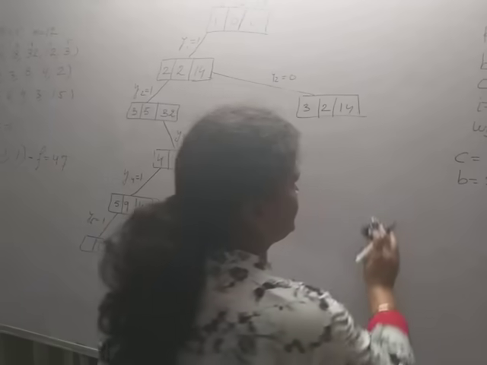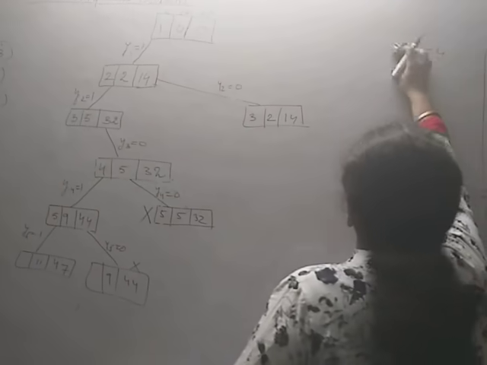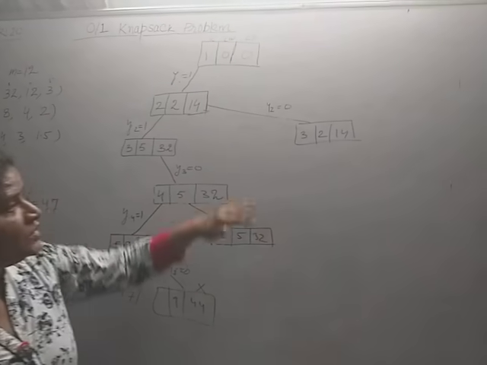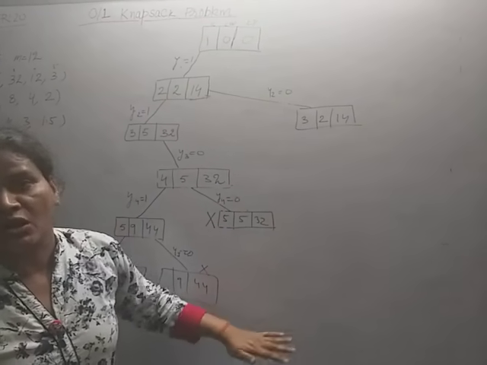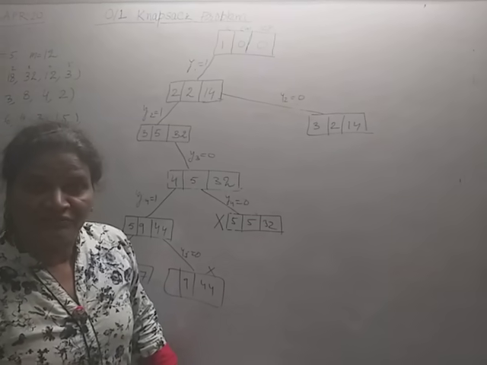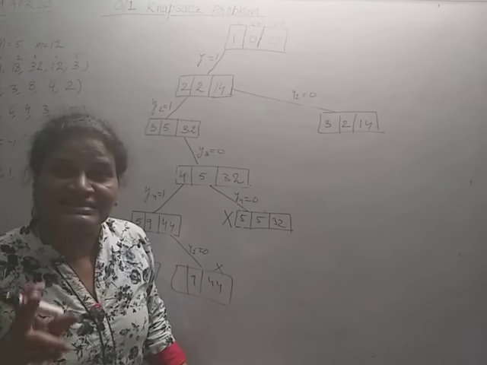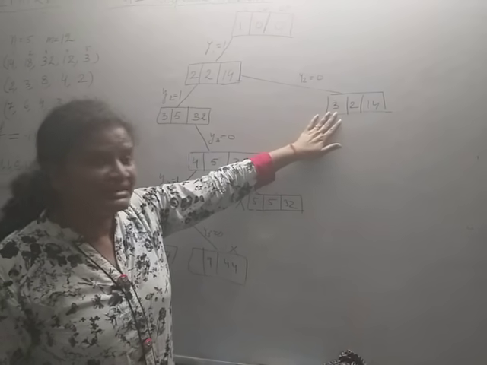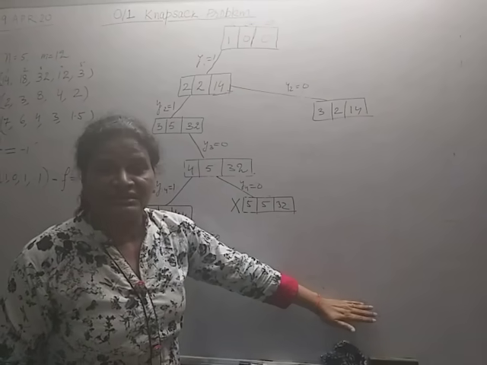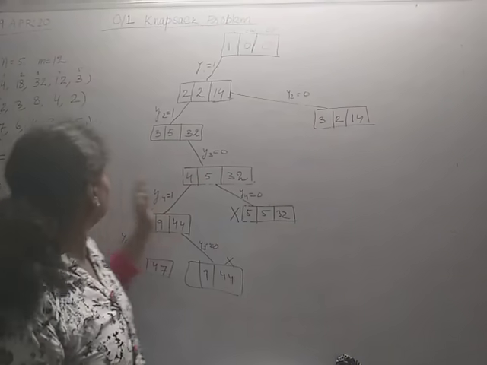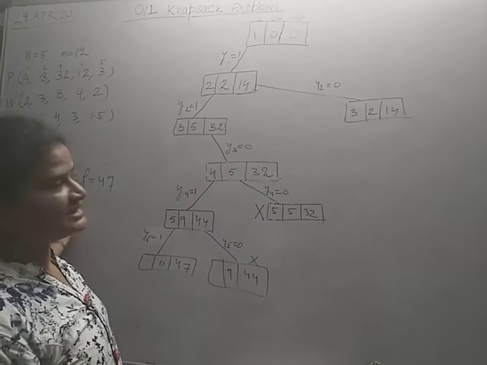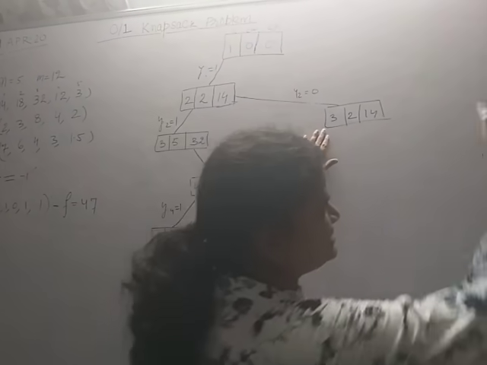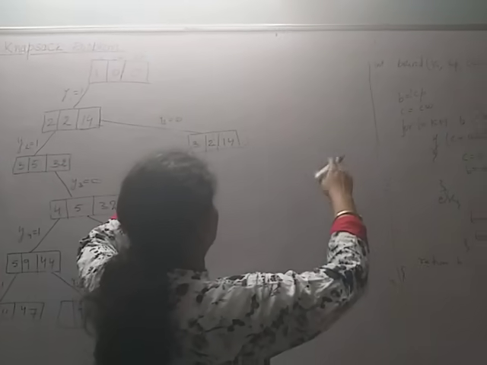Now again we see the feasibility, whether to move downwards or not. We generate the right child only if the profit generated for this vector up to the leaf node is better than the profit generated for the vector so far.